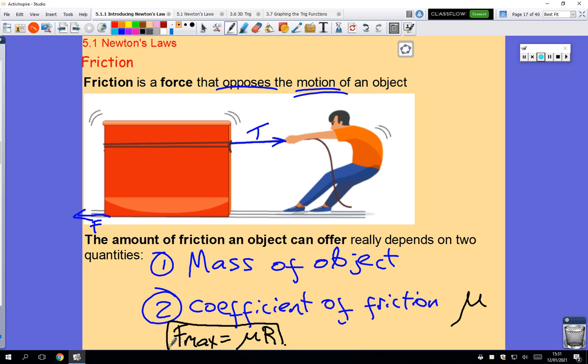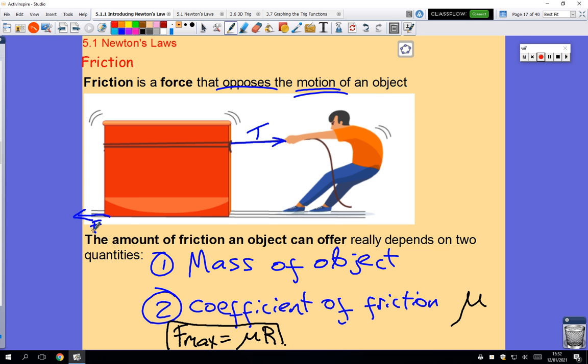Now again, if you look at this picture, when the man starts pulling slightly on the rope, friction will prevent him pulling this box maybe to the right, and there's a small friction, but the harder he pulls this rope, the greater the tension will be. Well, that's going to increase friction. So friction increases as tension increases here, until such a point where friction can no longer offer any more value, where it reaches its maximum value.